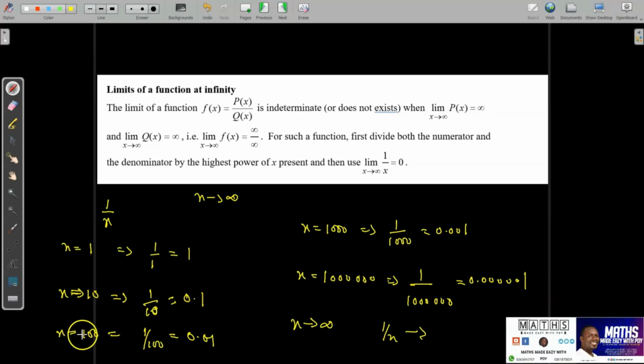When x increased to 100, the function 1 over 100 went all the way to be 0.01. Now we increase the x value to 1000. The function 1 over 1000 became 0.001. The function 1 over x, when x increased to 1 million, it became this.